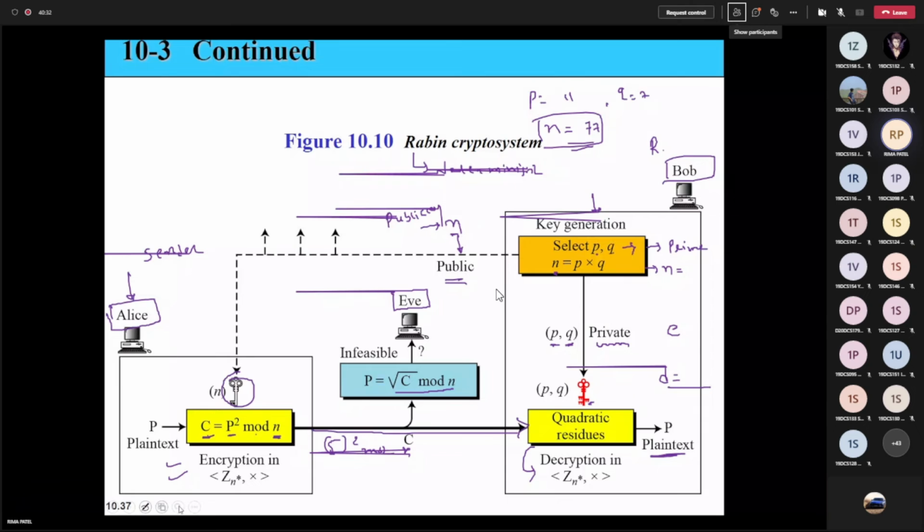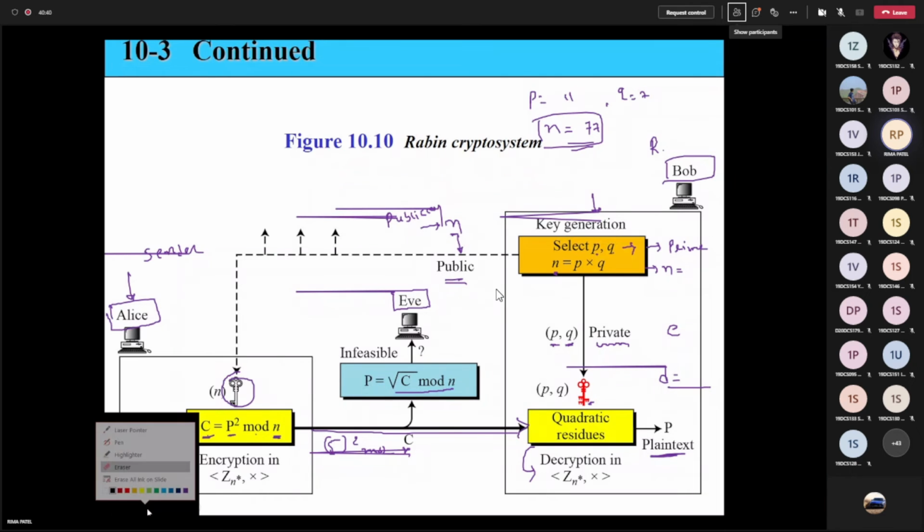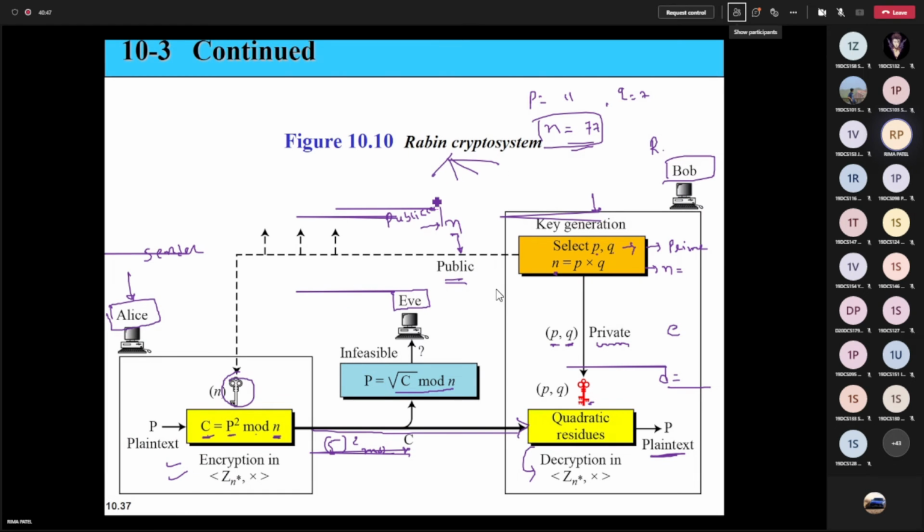The meaning of deterministic algorithm over here is that you will find 4 different plain text values for a single input, and the reason is this equation. We'll go into the detail, but for now, it is written why it is infeasible for Eve to assume the plain text.